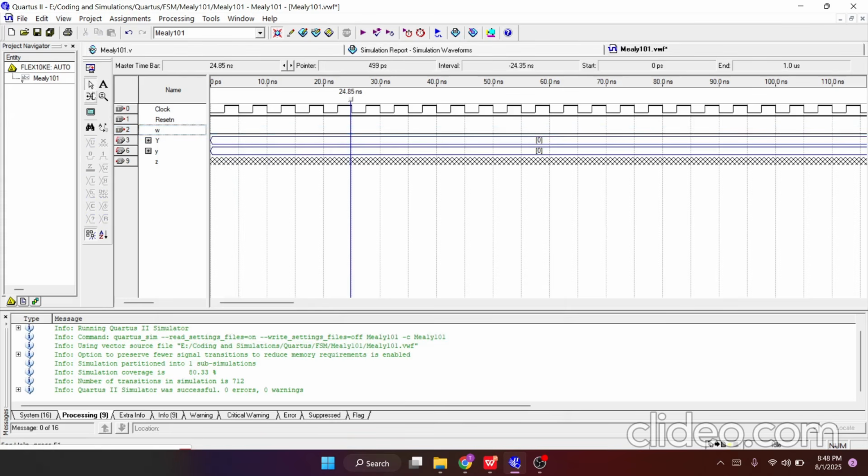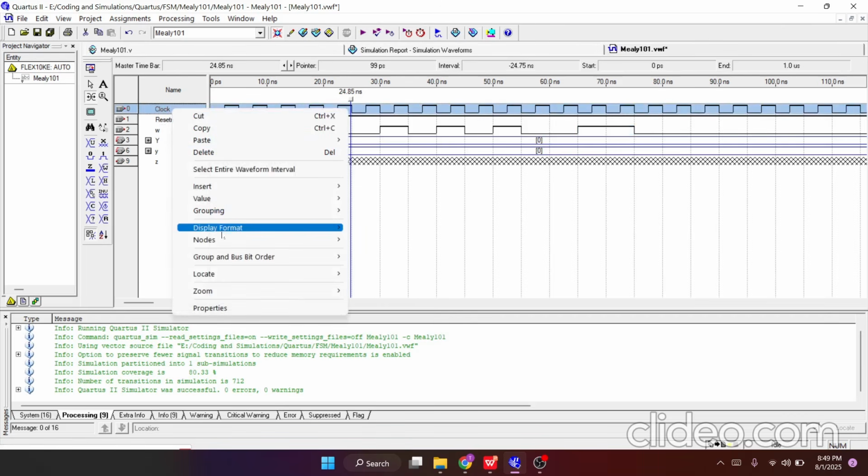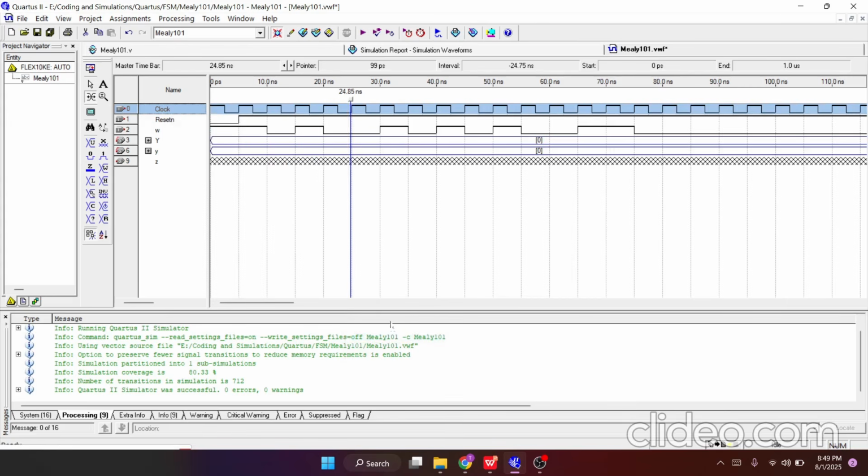Now we can set the values for the 5 nanosecond period time scale or grid size. 1 0 1 0 1, then 1 1. Now I should not face any kind of problem in the output. Let's see.